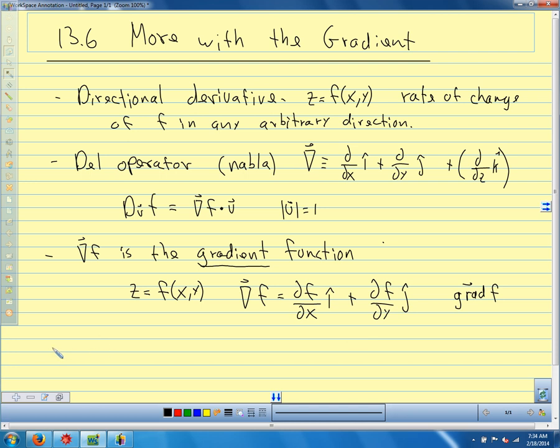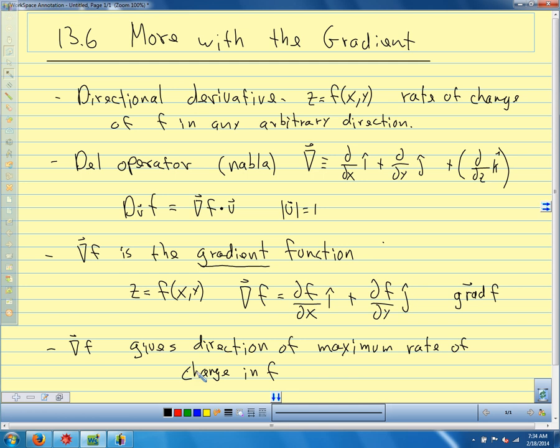And we said that one important property is del f gives the direction of the maximum rate of change. And we'll talk about the proof of these ideas in just a second.